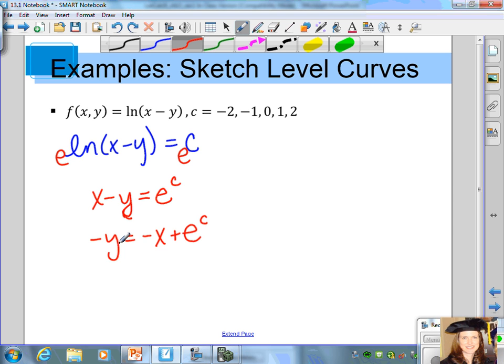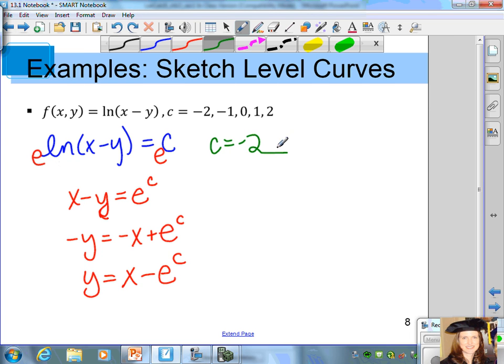I wanted to get y by itself. And then by changing the signs here, I get the equation y equals x minus e to the c. Now we can plug in the c's for each of those and graph the corresponding level curves. So let's look at setting up a table when c is equal to negative 2.